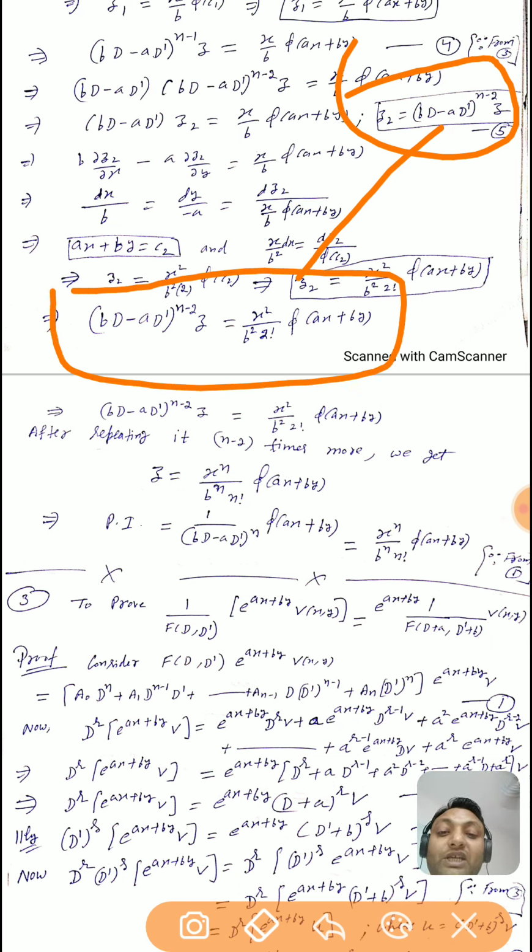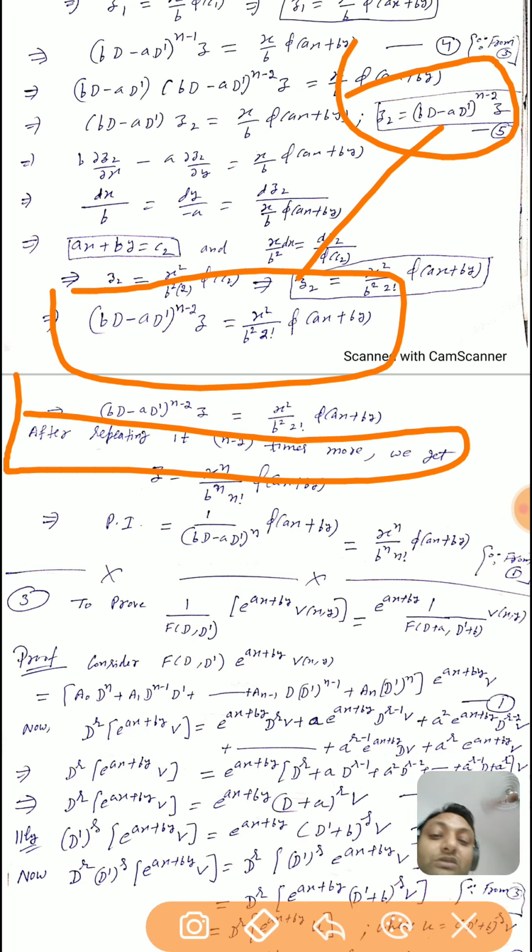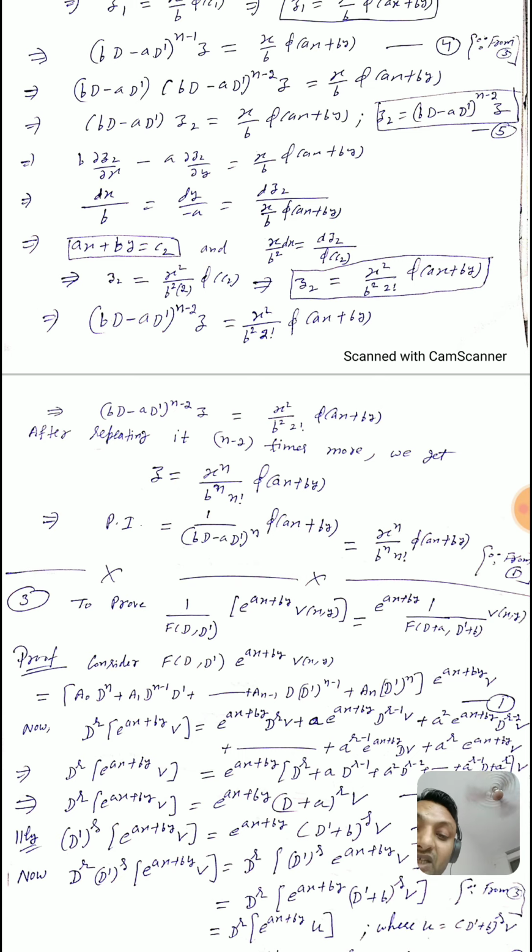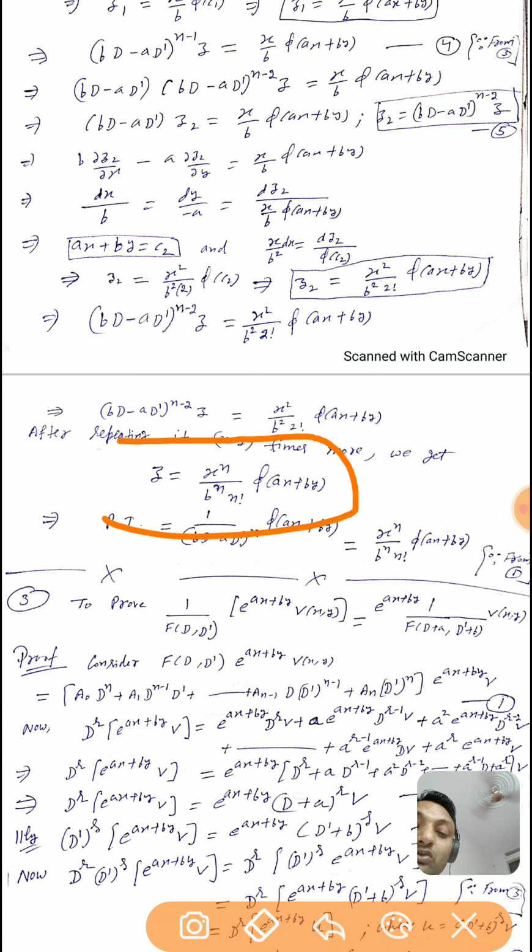So similarly, repeating this procedure n minus 2 times more, we will get finally z is equal to x power n upon b power n into n factorial into phi of AX plus BY.